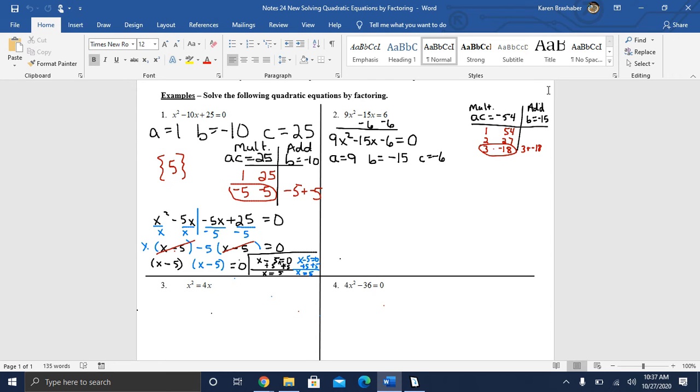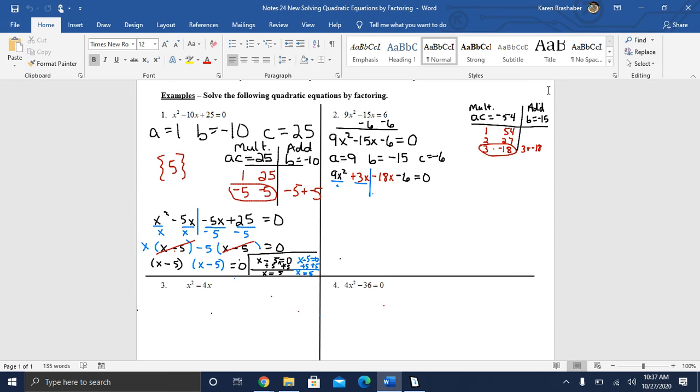So going back to my problem, I'll have 9x squared, and I'll use my factors that I found. So plus 3x minus 18x, and then I'll have my minus 6. Again, I'll put the equal 0. We'll kind of ignore it for a little bit. Draw my cut line, and what will divide out of my first two terms is more than just an x.